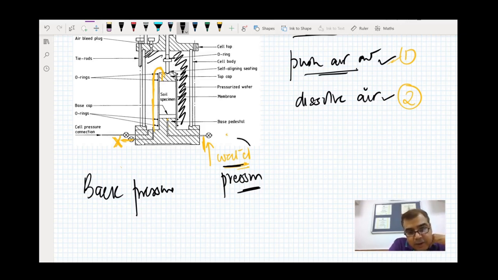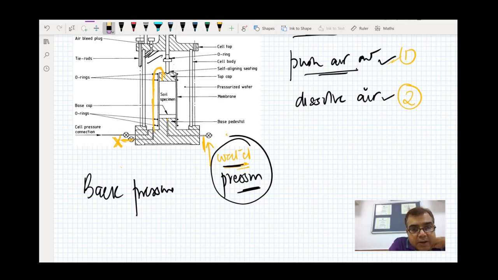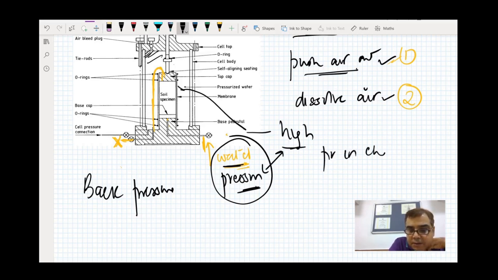Now if this water pressure is high enough, I have to ensure that the pressure outside in the chamber should also be high, and it should be higher than the water pressure. So the pressure in the chamber should be higher than the pressure in the soil sample, right?